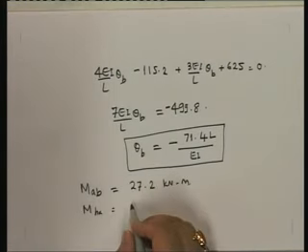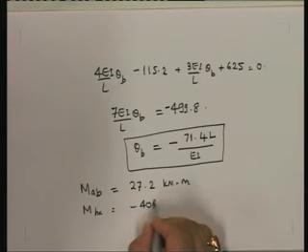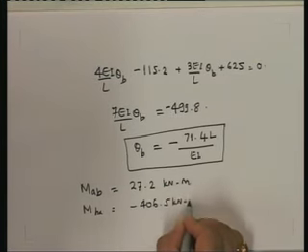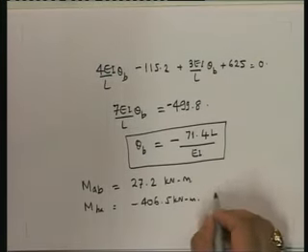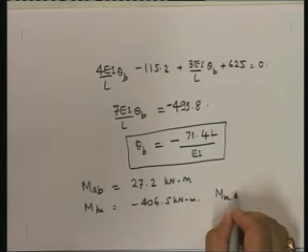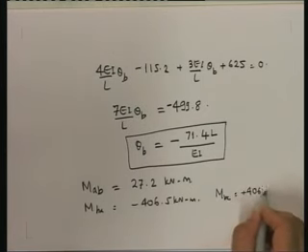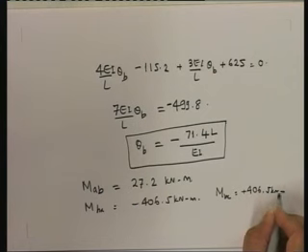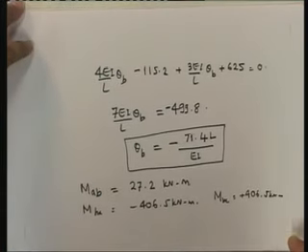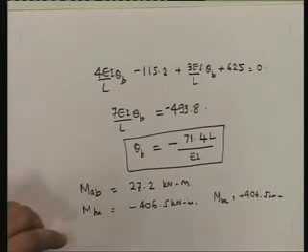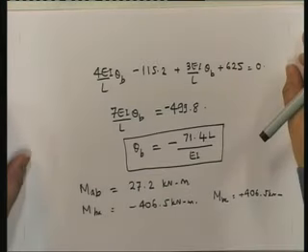MBA will be equal to minus 406 kilonewton meter, and MBC will be equal to plus 406, which is what you got the last time. So just by substituting this, you will get those values.